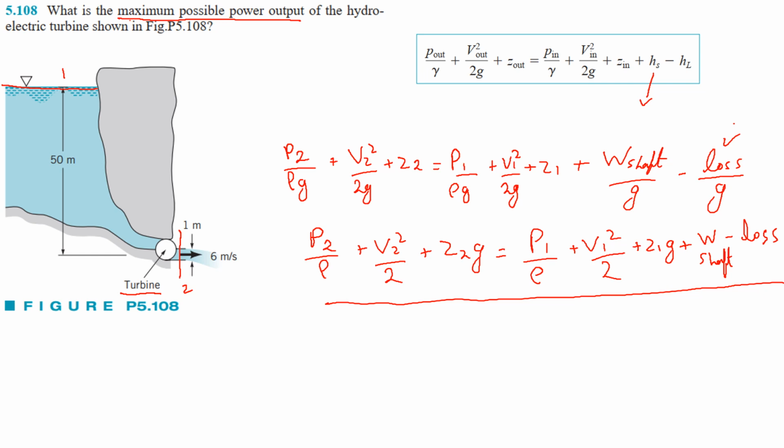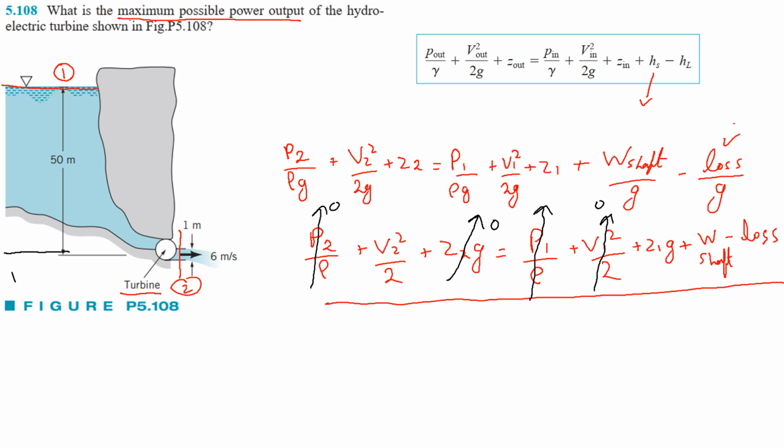At point 1 and point 2 there will be atmospheric pressure, so these two pressure terms will cancel out. At V1 our velocity is also 0 compared to our velocity at V2, so this term will also cancel out. At Z1 the height is considerable, that is 50 meters, but at Z2 this height will become 0 if this is our datum.